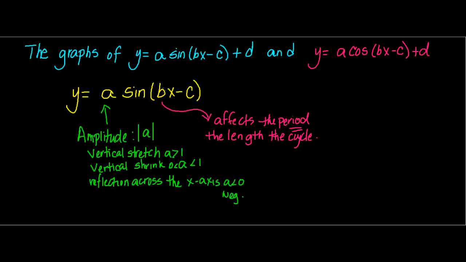When you have a b here in front other than 1, if b is greater than 1, this will change your period. It will decrease your period. That means that the length of the cycle decreases.